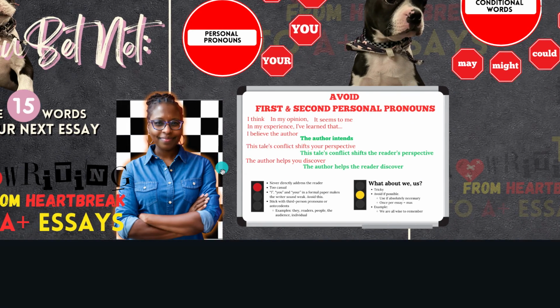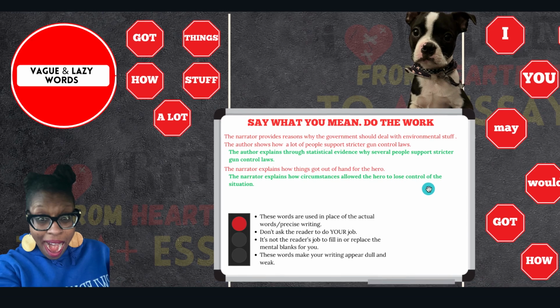Let's go to the last 5. Vague or lazy words. Instead of using vague or lazy words because you don't want to find the vocabulary word that fits or the phrase that fits, say what you mean and do the work. I'm talking about words like got, how, things, stuff, a lot.